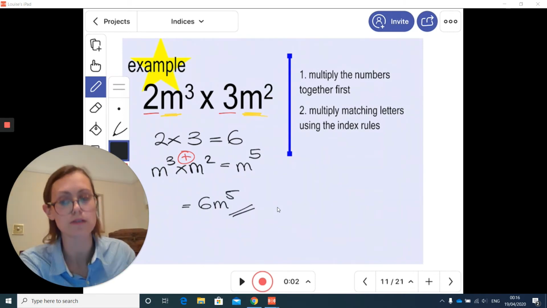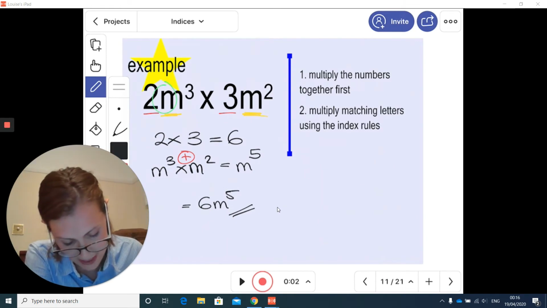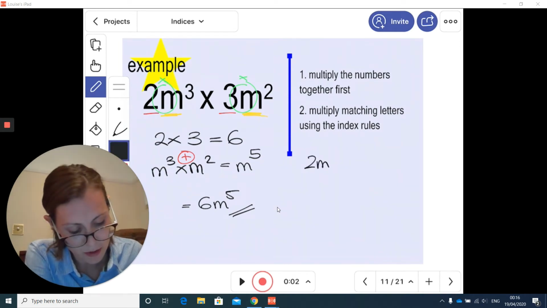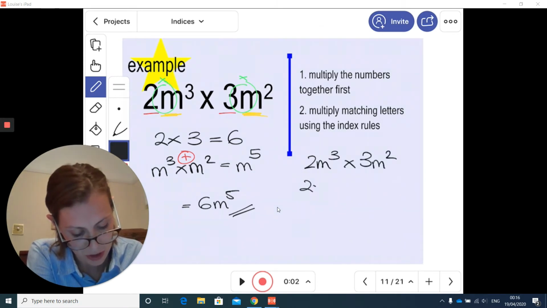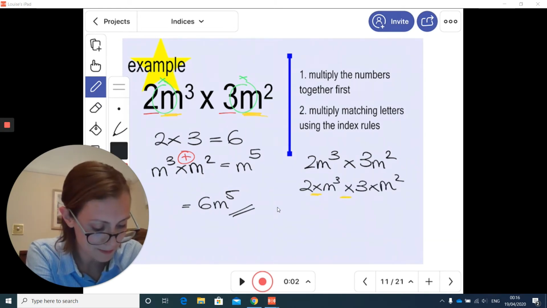Okay, let's just quickly look at why that's working. Actually, what's going on between this 2 and this m and this 3 and this m? There's a multiplication there. So if I was to write this out in full, 2m cubed times 3m squared is the same as 2 times m cubed times 3 times m squared. So they're all being multiplied.